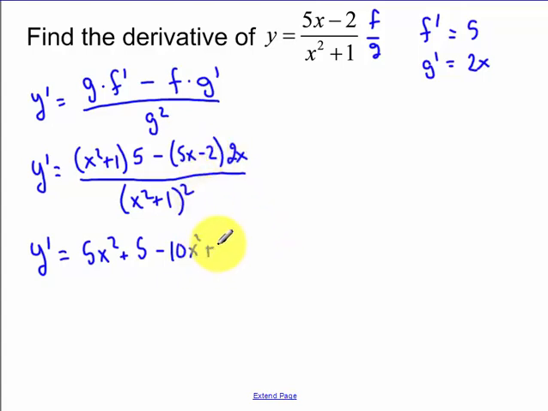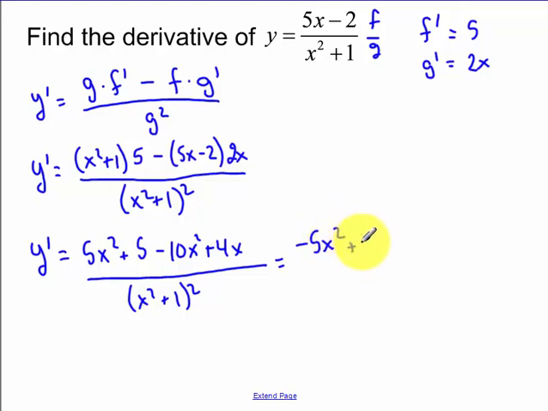And I have a plus a 4x all over the denominator squared. And so then I end up with a negative 5x squared plus a 4x plus a 5. And then we have an x squared plus 1 squared.